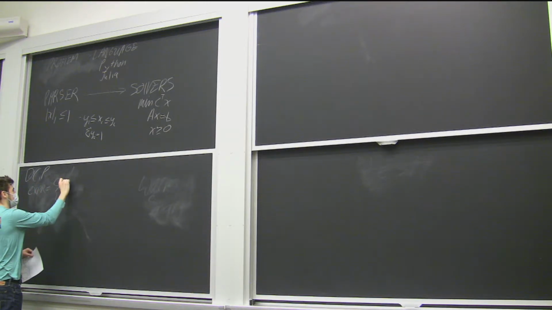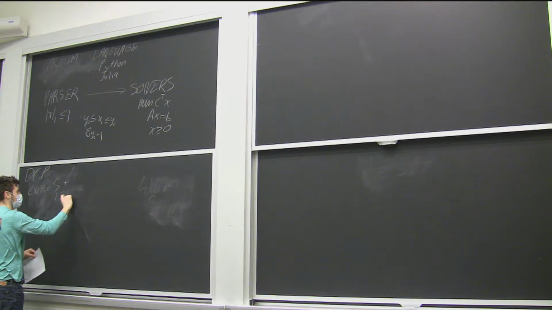OK, so the DCP rule set basically boils down to, as a reminder, we have expressions and we have functions. So an expression can be positive, negative, or unknown sign.